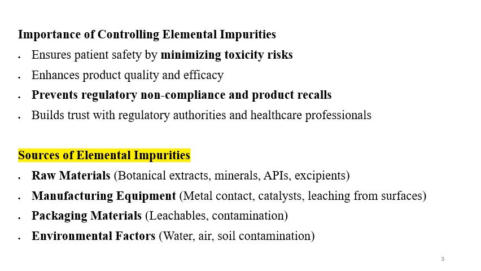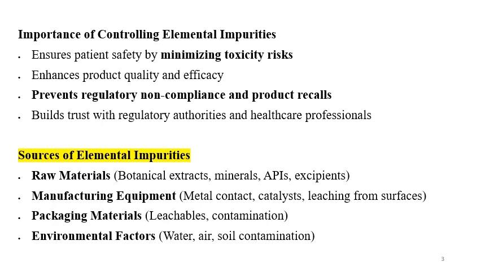We need to understand from where these elemental impurities can come, because if we need to control it, we need to know the sources. Sources may be from the raw materials, manufacturing equipments, packaging materials and the environment. Raw materials like APIs, excipients may contain the elemental impurities.